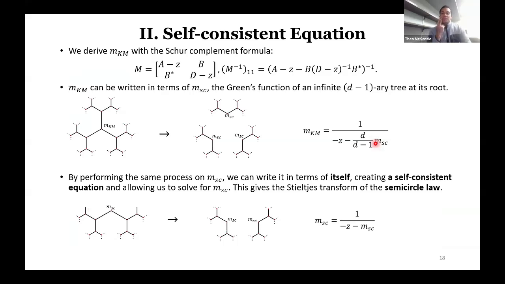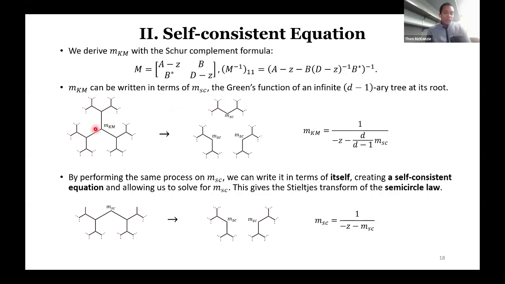Okay, so actually, how are we going to use this? Well, the point is that if I look at the Green's function of the infinite tree, this satisfies a very nice recursion formula, which basically is derived from the Schur complement. But for the purposes of this talk, we can just think about it in terms of this walk generating function interpretation. And the idea is that the Green's function is just some inverse.